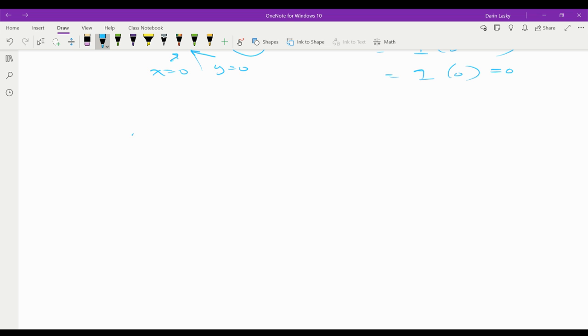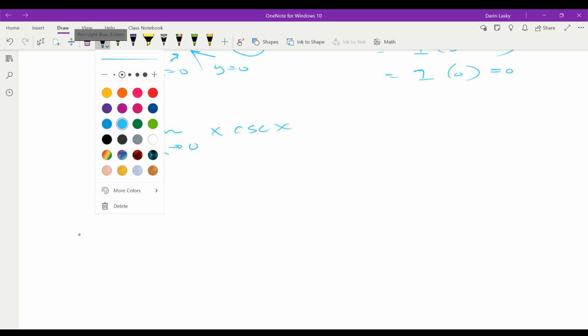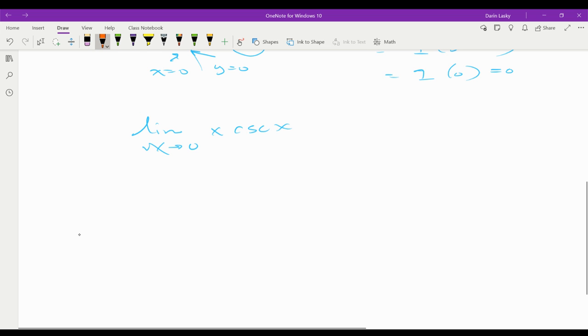This one came up real quick: the limit as x approaches 0 of x cosecant of x. Okay, so some of you struggled with this one, not for any bad reason. It's just little tiny hints. So we can change that, and I put parentheses around it because this x goes with this one.